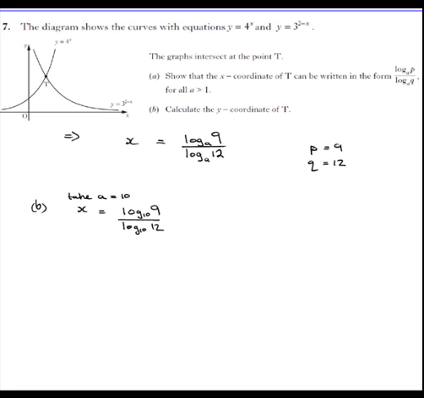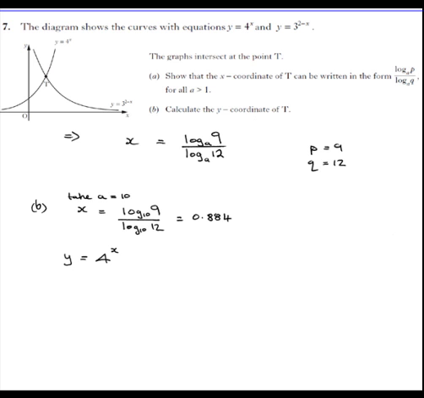Log 9 divided by log 12 on the calculator is 0.884 to 3 decimal places. That's the x coordinate of the point T. To find the y coordinate, we need to fit this value of x into either of these two equations. It would be easier to fit it into the y equals 4 to the x equation.